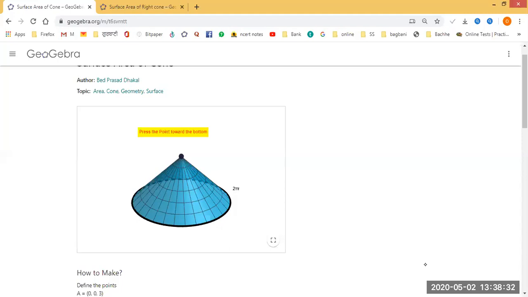Whether you draw this line or this line, all these lines are the same distance. So half into base into height is the area of one triangle. And based on this, we can find the area of all the triangles, which will be equal to the surface area of this cone. Let's see how we do it.